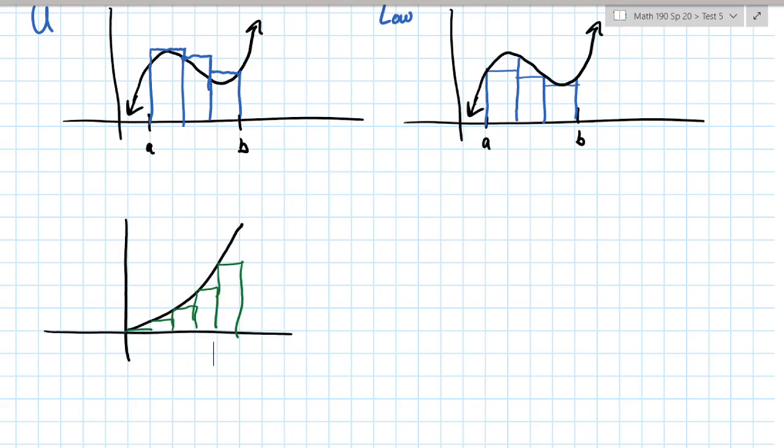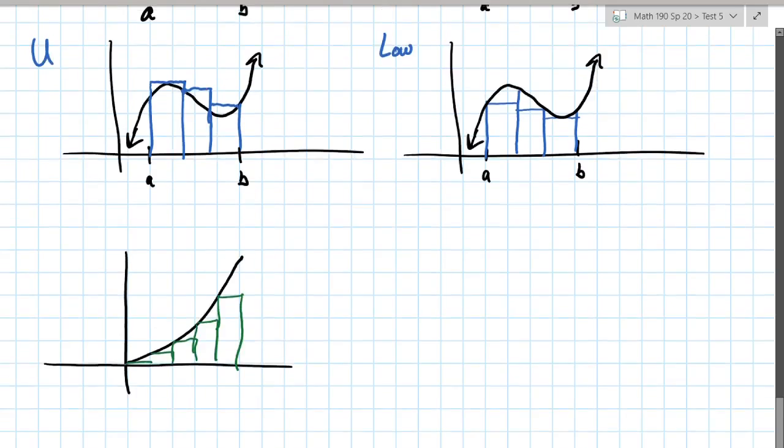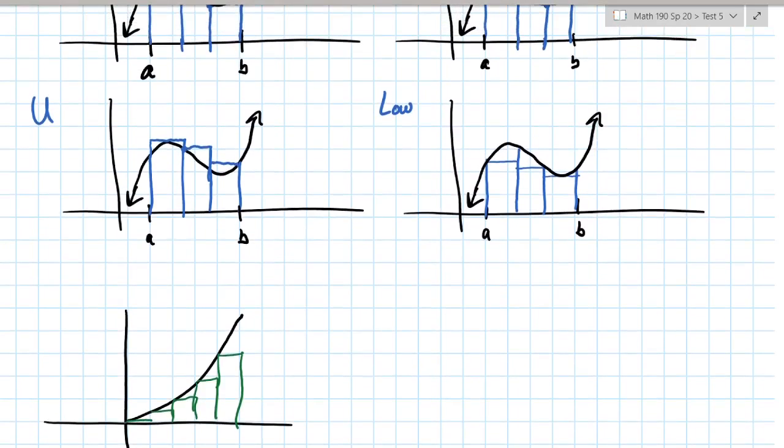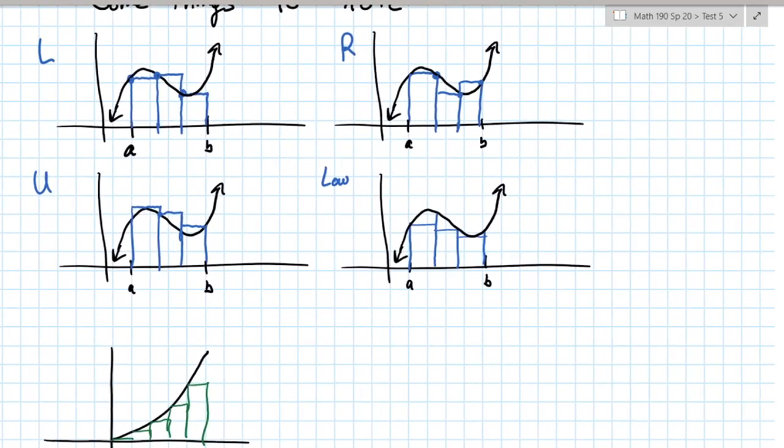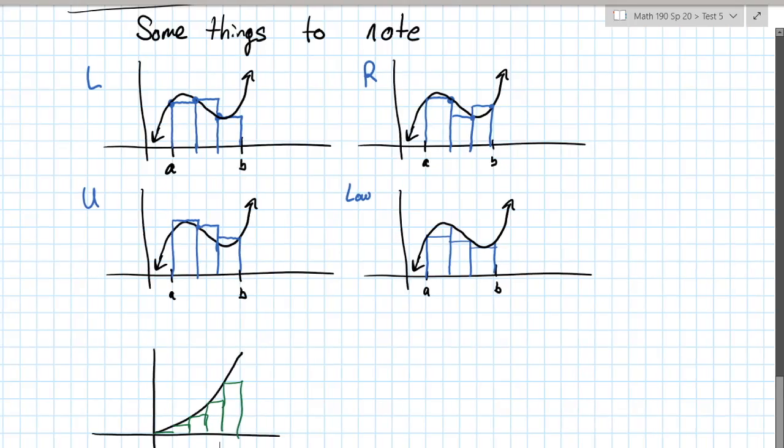So again, those all work out to be equal when we take the limit as n approaches infinity, but some are just easier to calculate than others. And I'm typically going to go with just a right-hand sum.